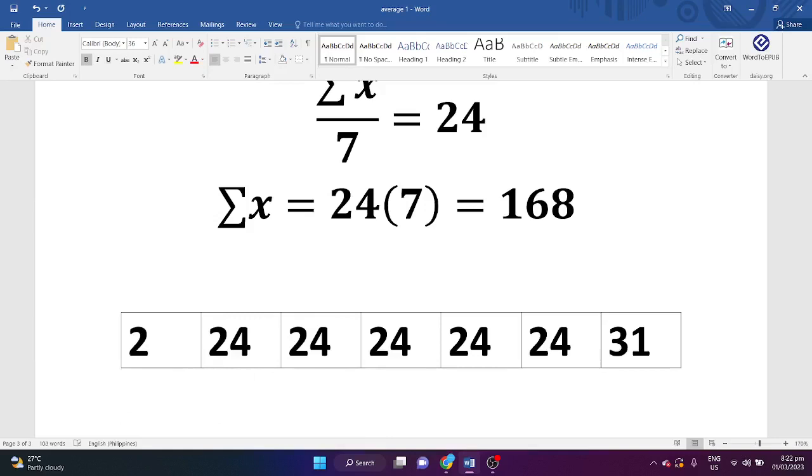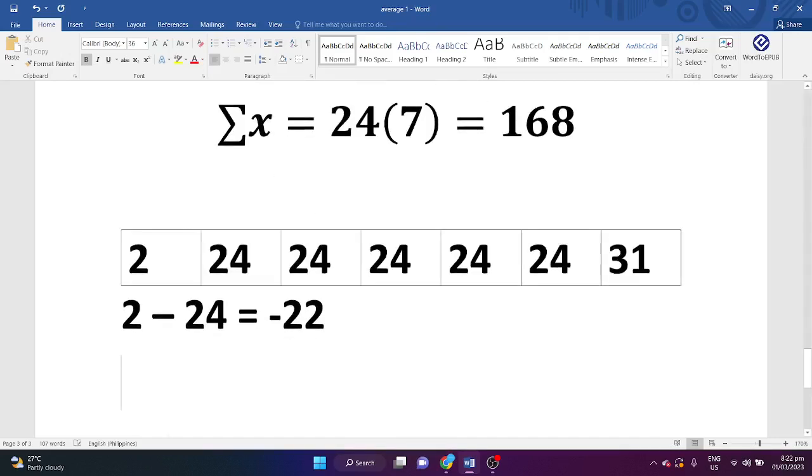Let me do the reverse. So I have 2 minus 24. This will give me an appropriate number, which is negative 22. Now I purposely do this because negative denotes that there is lacking.